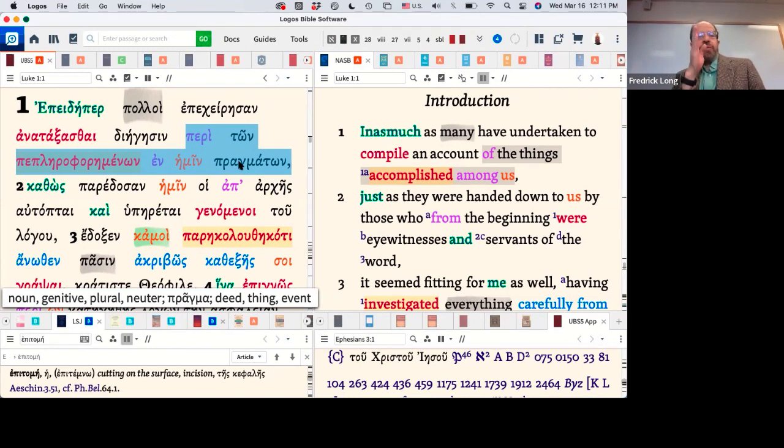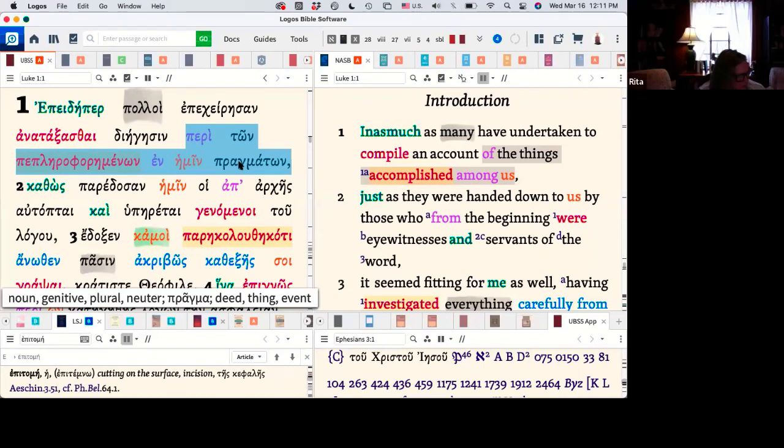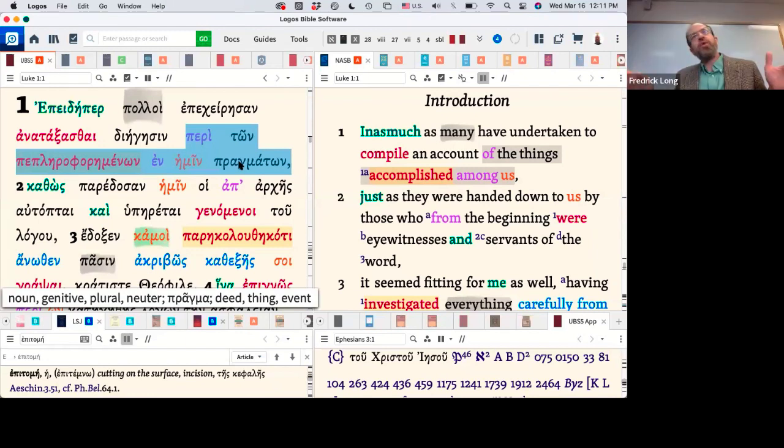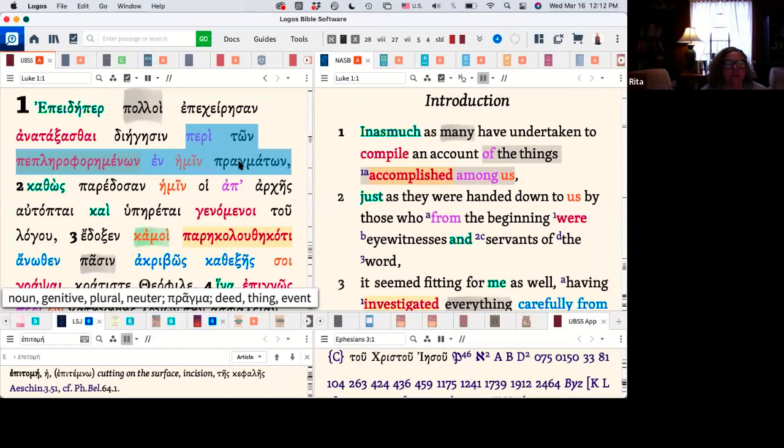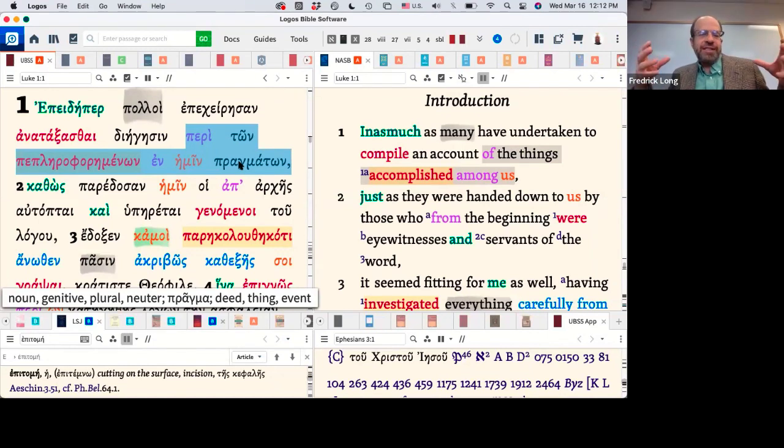You can see that with a verb, and sometimes the direct object will come after it, and then there'll be a modifier of the direct object put forward, or vice versa. Usually when you have that kind of discontinuity, it's for some kind of rhetorical effect. But generally, things that belong together stay together.